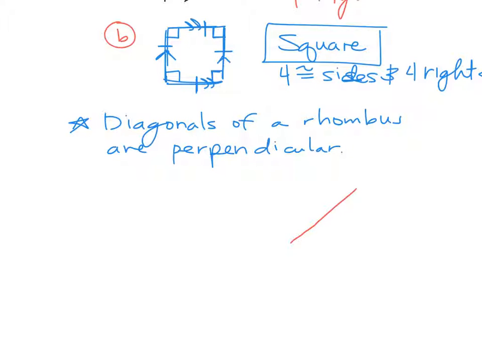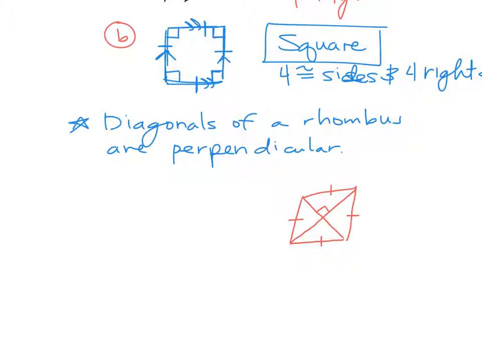If I draw perpendicular diagonals first, you can get a better idea. So if this is a rhombus, all four of these are congruent. It says the diagonals are perpendicular, and that will always be true of a rhombus. So if you draw your two diagonals in, they're always going to form a 90-degree angle. Okay, the diagonals of a rhombus are perpendicular.